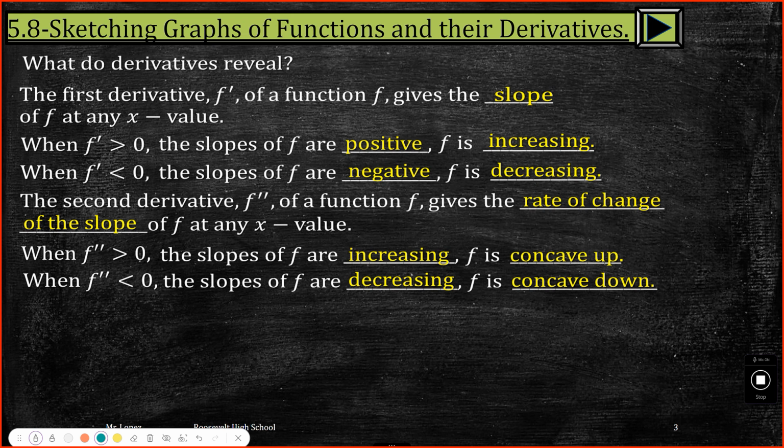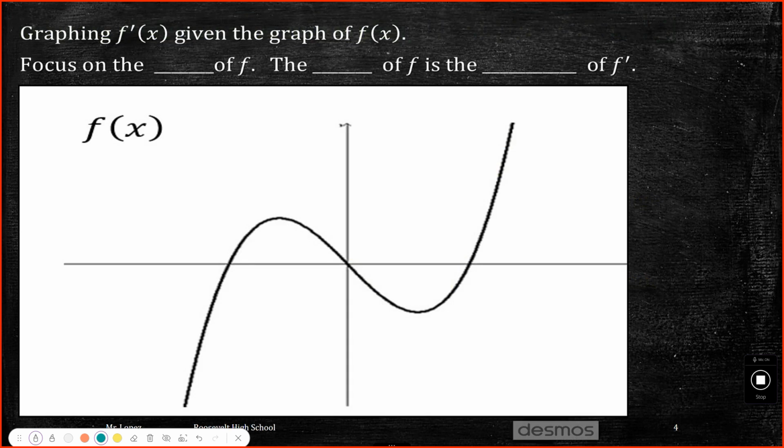Alright, so let's go to this. Graphing f prime of x, given the graph of f of x. So this is the graph of f of x. We're going to focus on the blank of f. The blank of f is the blank of f prime.